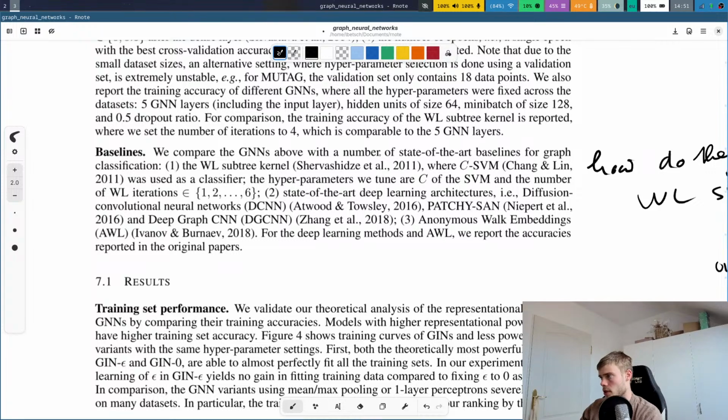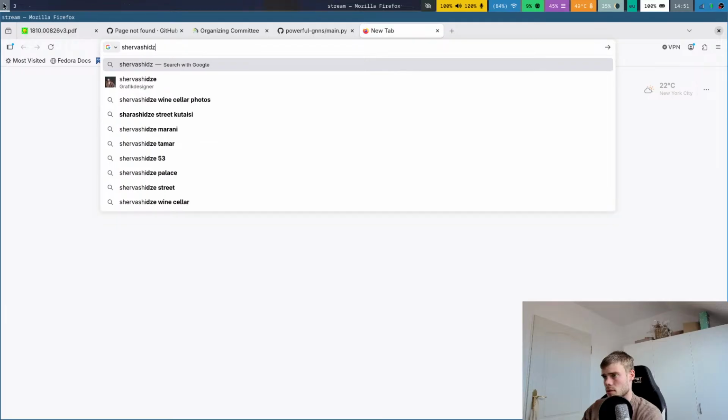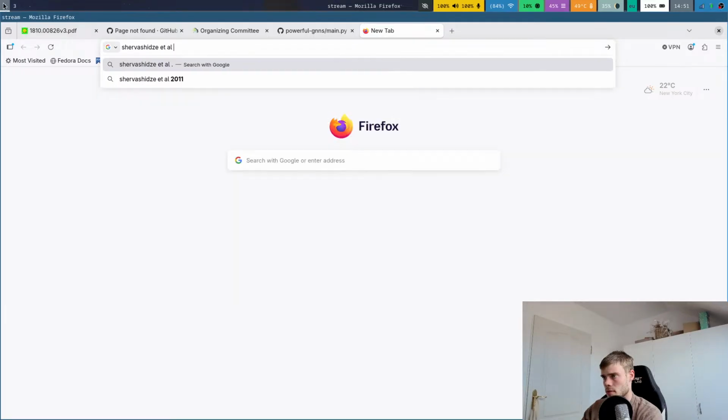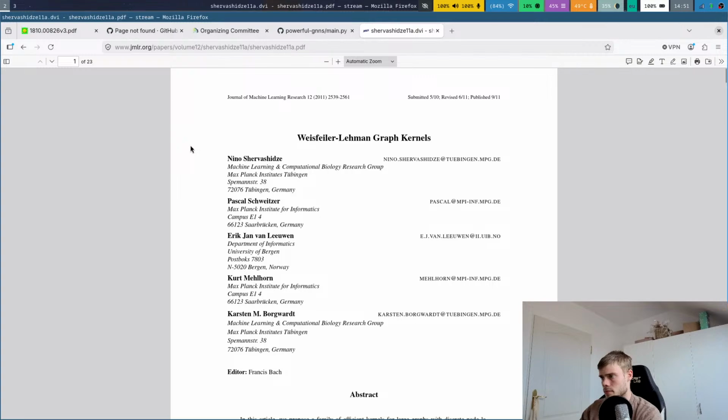With a number of state-of-the-art baselines for graph classification, the WL subtree kernel, so this is something we probably should read, where C-SVM was used as a classifier, the hyperparameters we tune are C. Oh, they're from Germany.